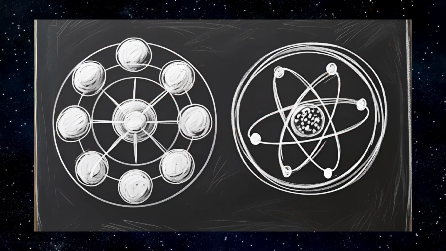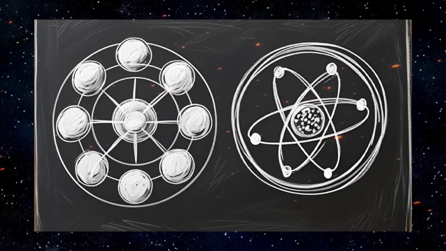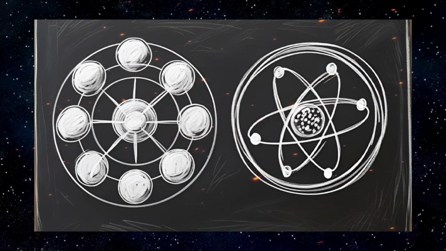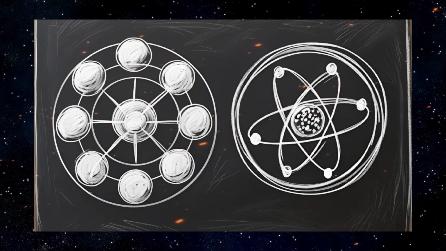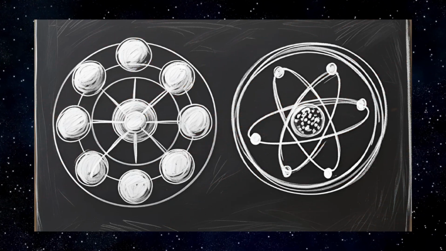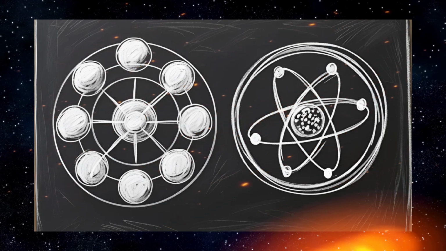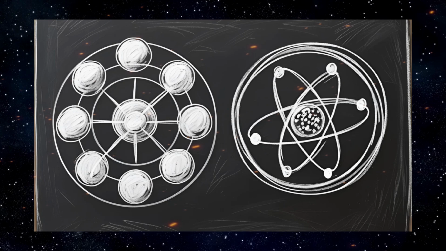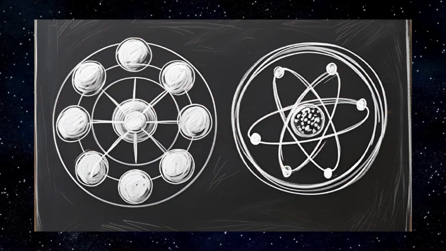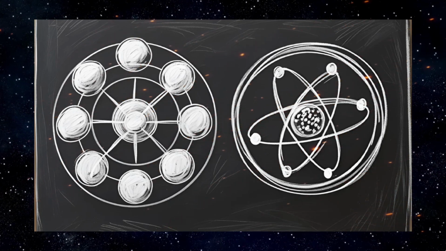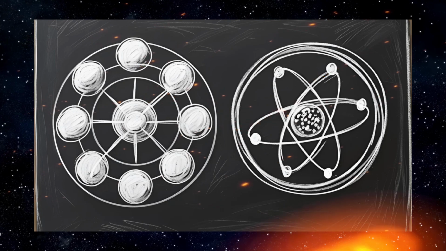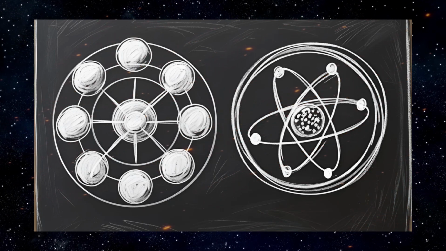Atomic size, for instance, tends to shrink across a period because the increasing number of protons pulls electrons in more tightly. Electronegativity, or the desire of an atom to attract electrons, generally increases. These trends help us understand not only the properties of elements, but also why some bond readily while others resist.